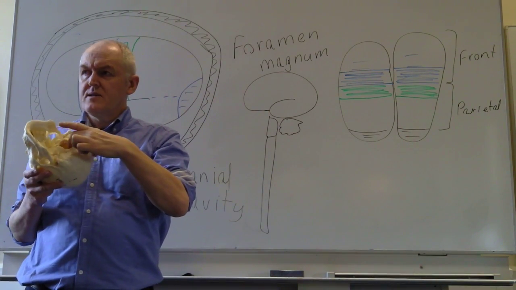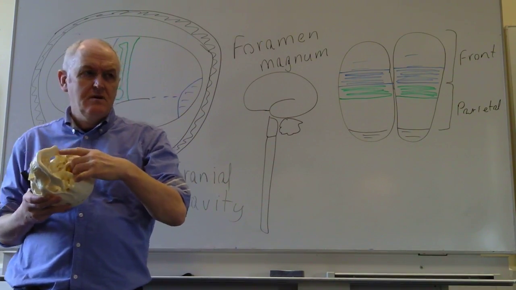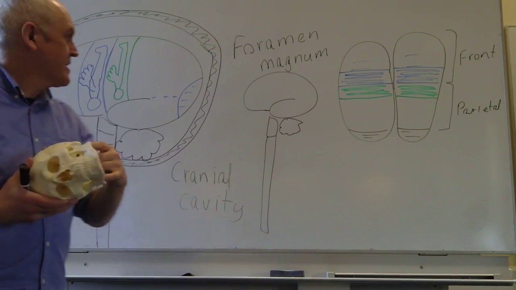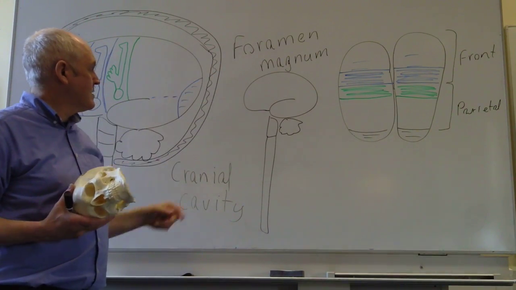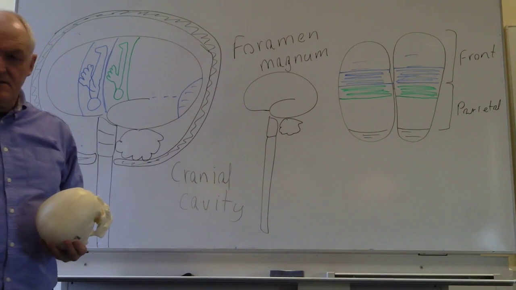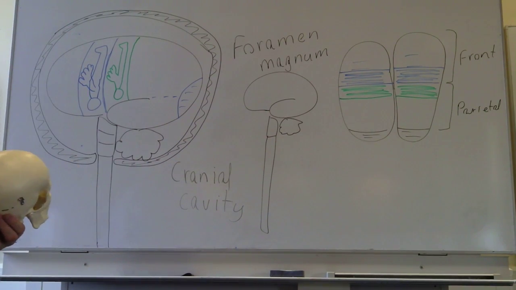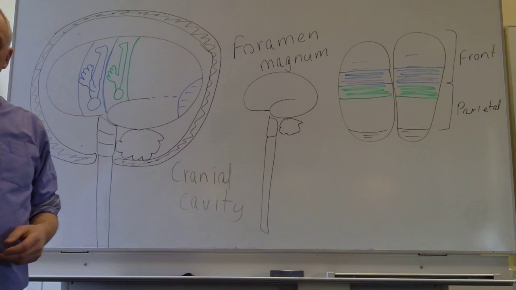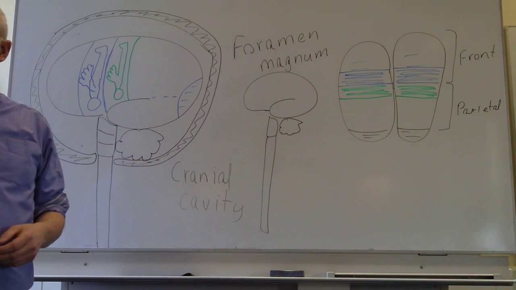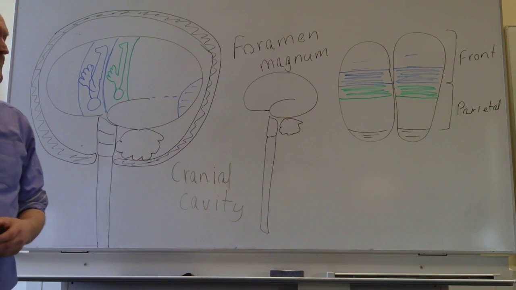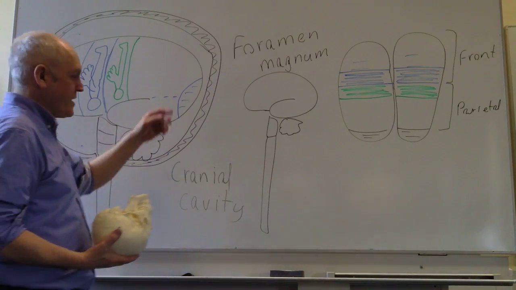It's like a window in the base of the skull. And magnum, of course, is a type of ice cream. But I guess magnum means big, doesn't it? Mega. So it's the big window.